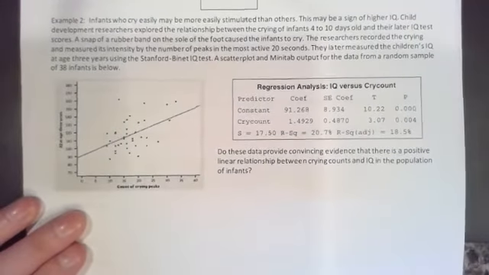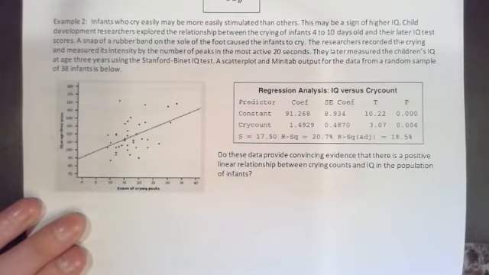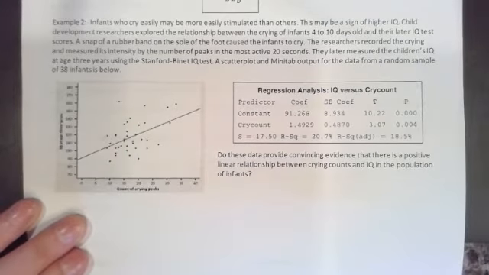All right, infants who cry easily may be more easily stimulated than others. This may be a sign of a higher IQ. Child development researchers explored the relationship between the crying of infants 4 to 10 days old and their later IQ test scores. A snap of a rubber band on the sole of the foot caused infants to cry.